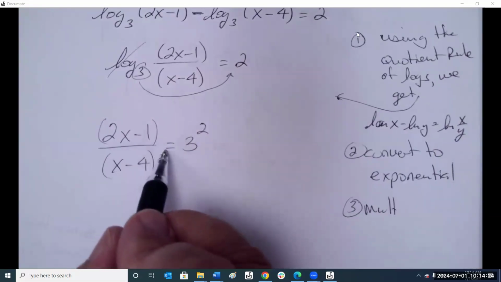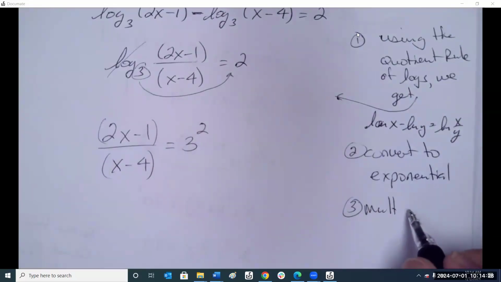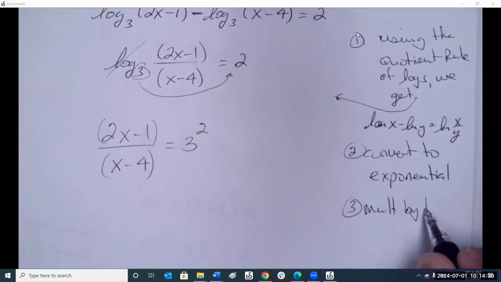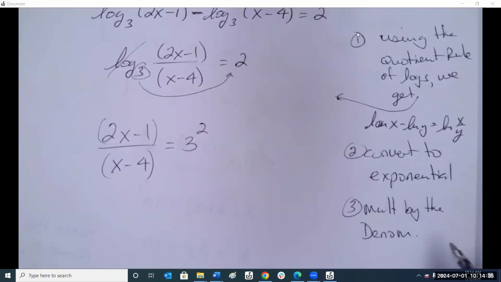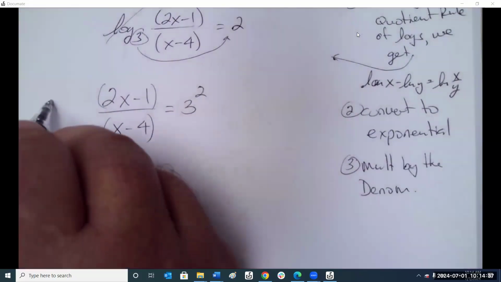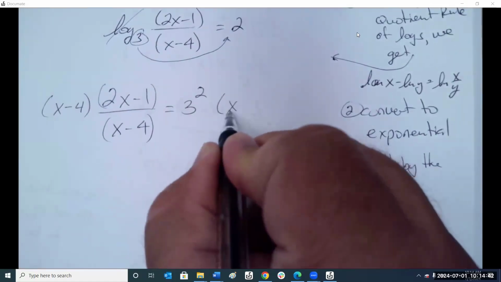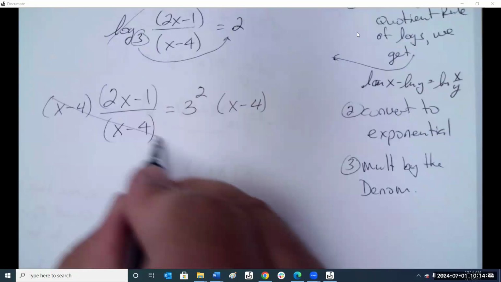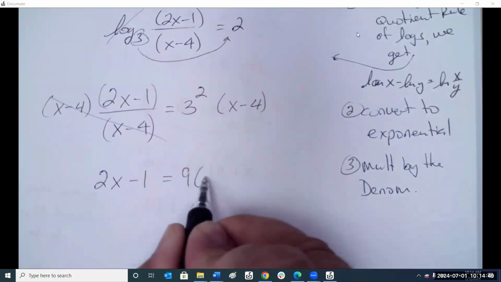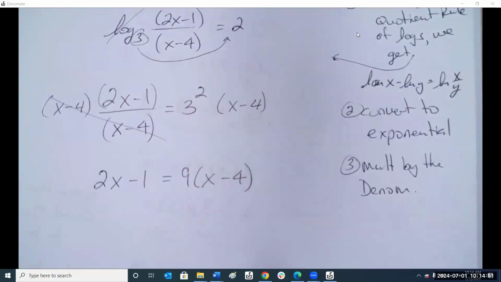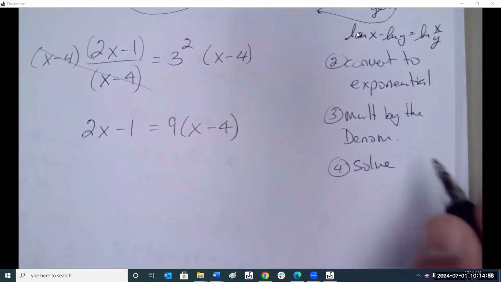Whenever you have fractions and equal signs, multiply by the LCD to get rid of the fractions. Multiply both sides by the denominator. 2x minus 1 equals 9 times x minus 4. And then solve.